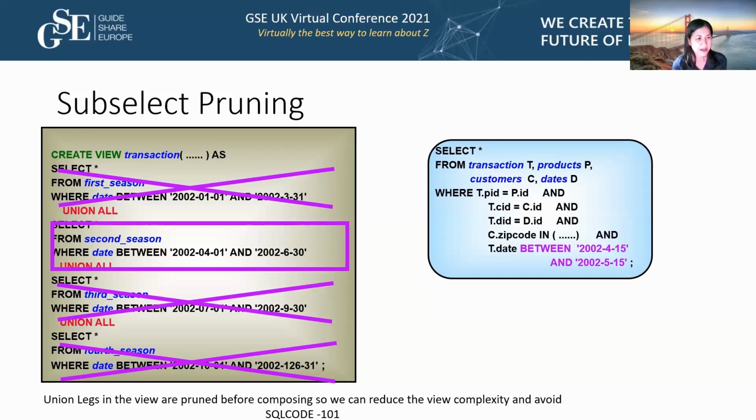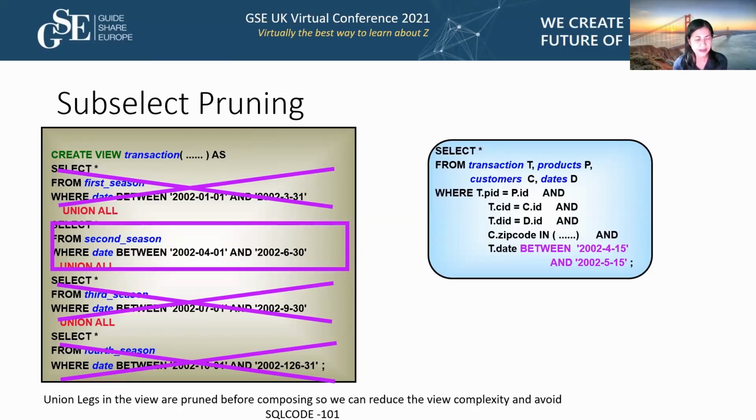So when the view is composed, we can compare the outer predicate with the nested subselects inside the view, and the unnecessary subselects can be removed.